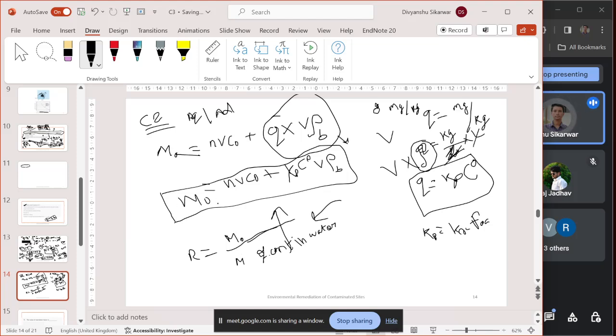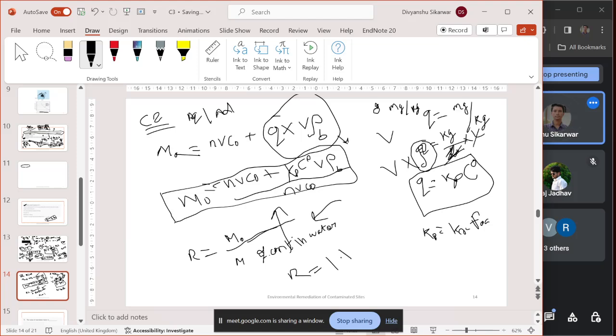If we divide this m naught by the mass of contaminant in water, which will be n V C naught, the terms will cancel out.